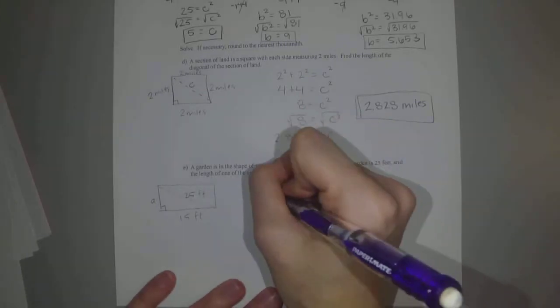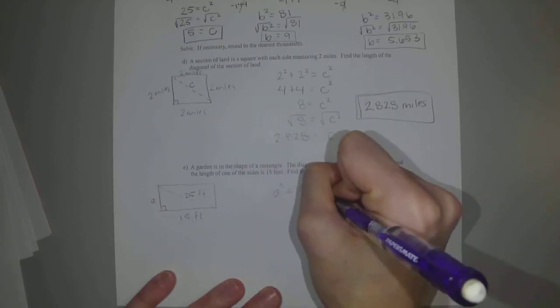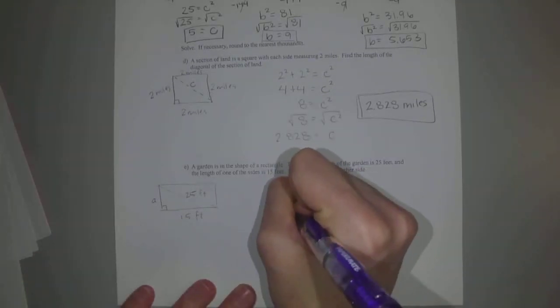So according to Pythagoras, we'd have A squared plus 15 squared equals 25 squared. Both of your legs squared added together equals your hypotenuse, 25 squared. All right? Once you set it up, you go and square everything that you can. We don't know what A is, so it's going to stay A squared.